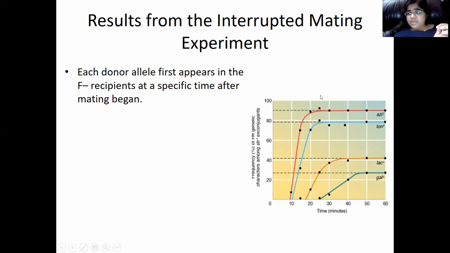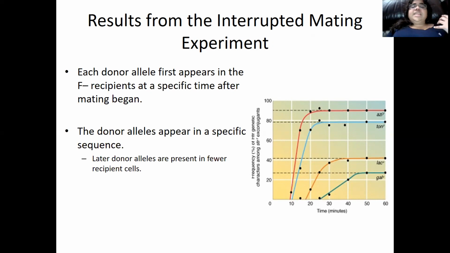So azithromycin here came out at 10, this one came out around 11-ish, and this was around 17. Certain markers come out at certain times, and they appear in a specific sequence. Later markers or alleles end up very few in frequency.